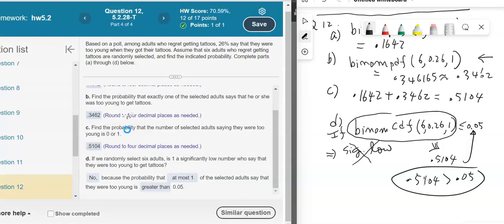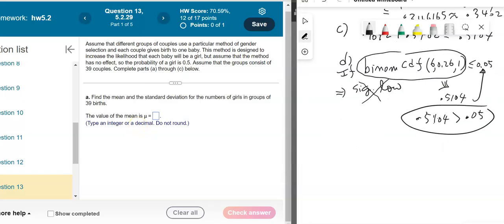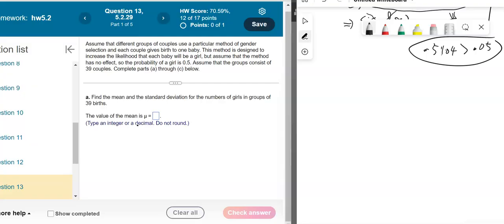Okay, right? Now, in binomial probability, this question number 13, mu is NP. So in this case, N is 39, and the probability is 0.5.